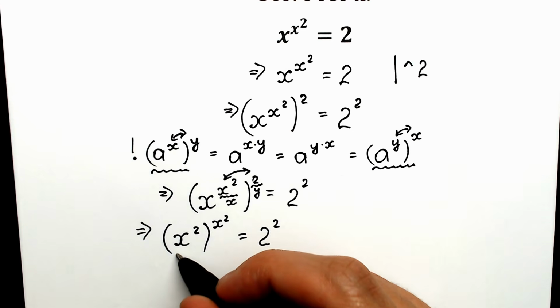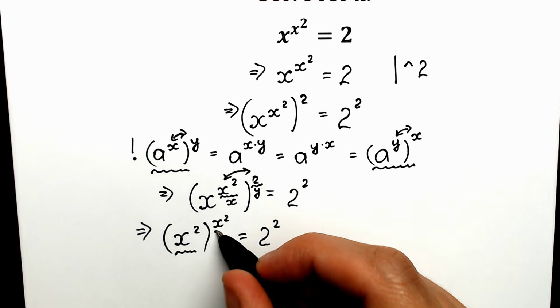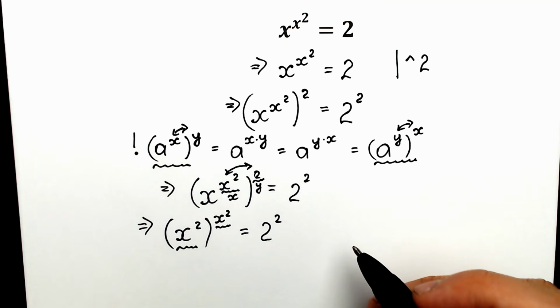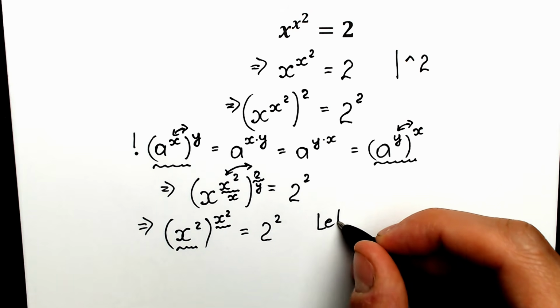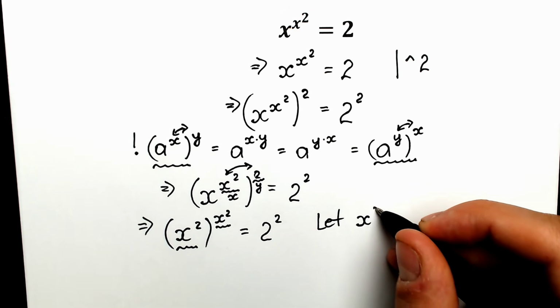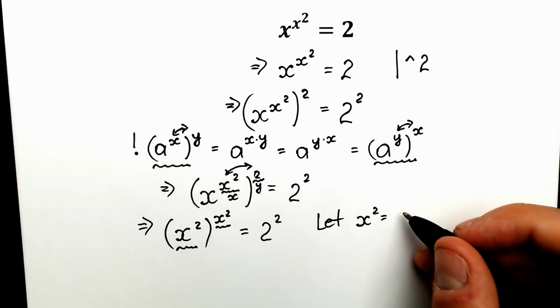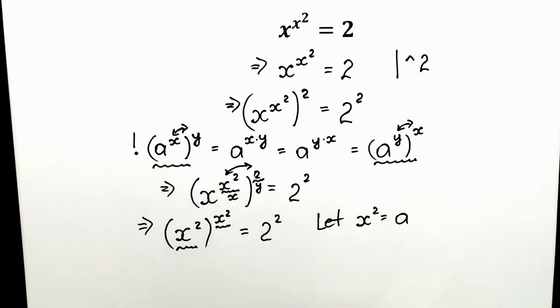And right now we have x square right here and we have x square right here, so we can easily make a substitution. Let this x square equal to, for example, a.